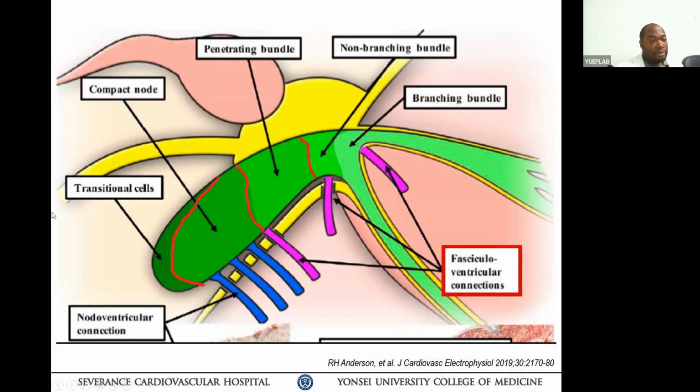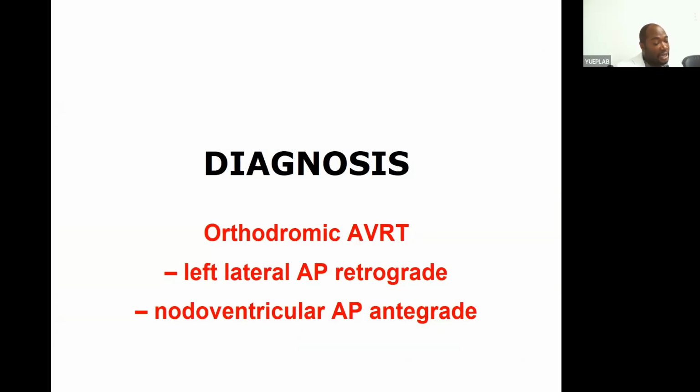So with this, we made a diagnosis of an orthodromic AVRT conducting retrogradely through the left lateral accessory pathway, and antegradely, because of the QRS prolongation and pre-excitation, we thought the nodoventricular pathway was the antegrade conduction route.